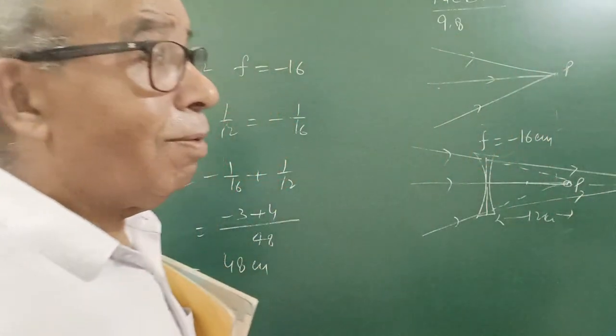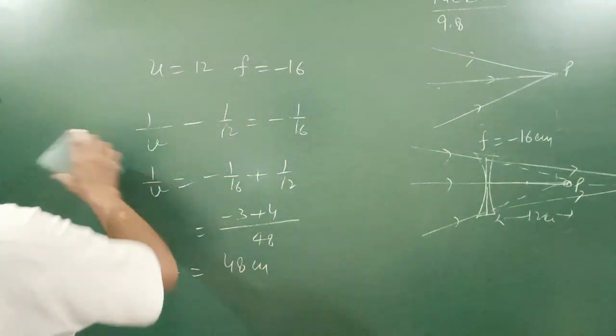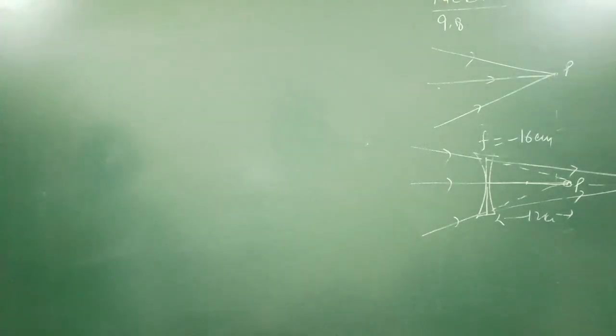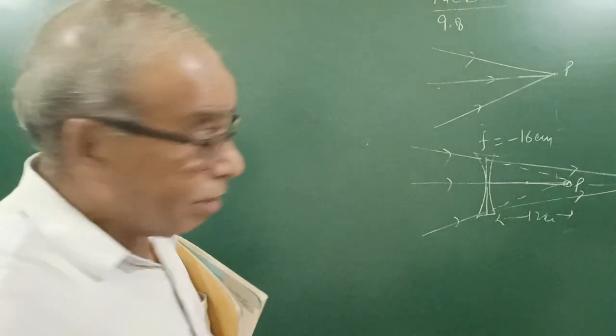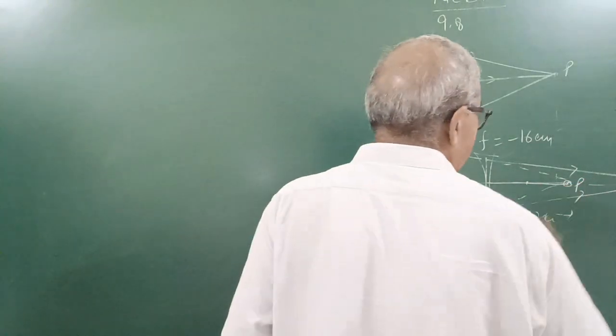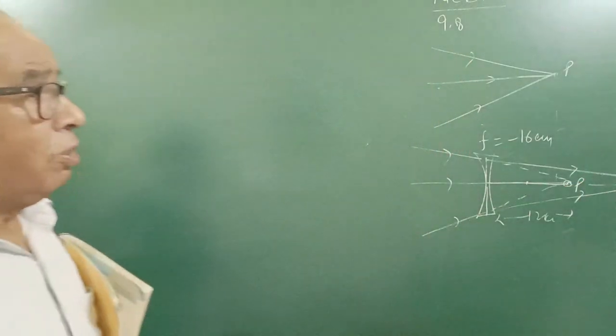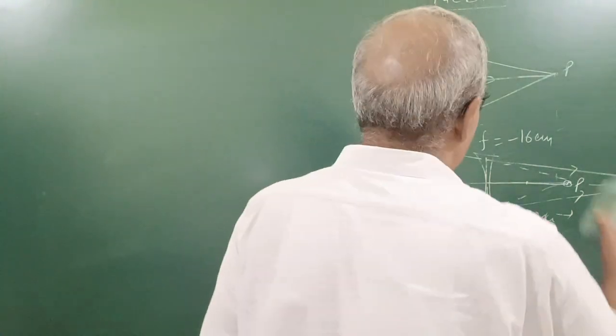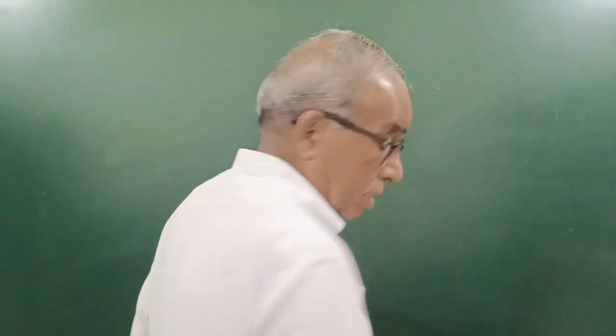So in a concave lens, if the object is virtual, it may form a real image depending on the position of the virtual object. There are cases where a virtual object can also form a virtual image in a concave lens, depending upon distance.